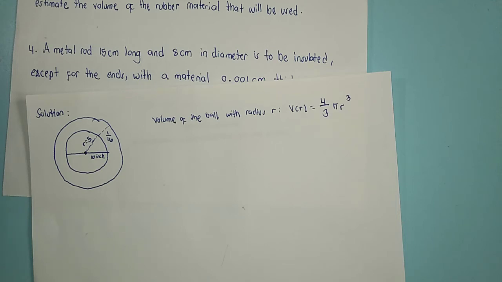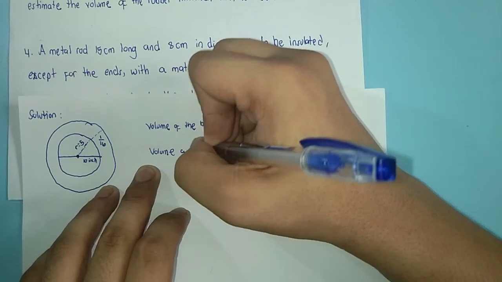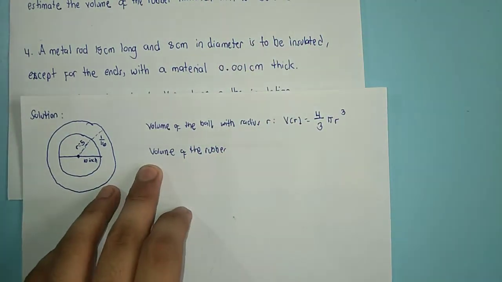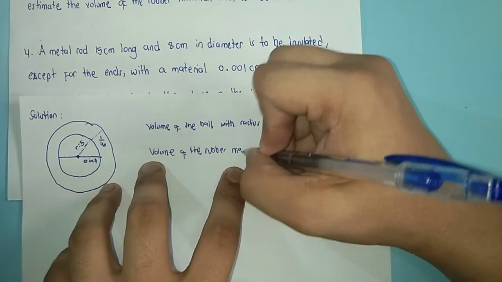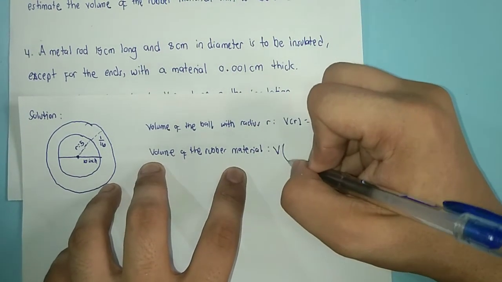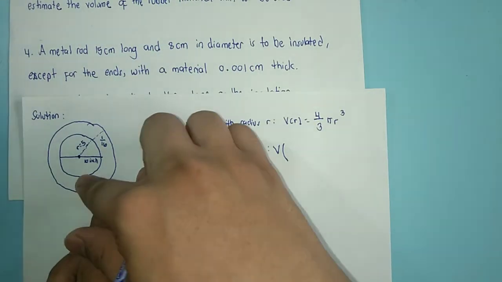Okay? With radius r. So now, yung volume naman ng rubber material, which is ito yung i-estimate natin using differential. So, ipagsamahin natin yung kabuuang volume muna.